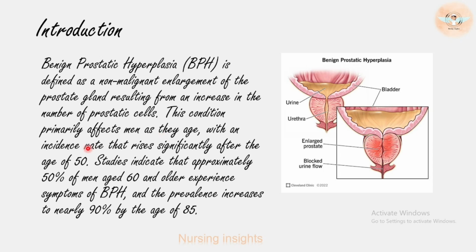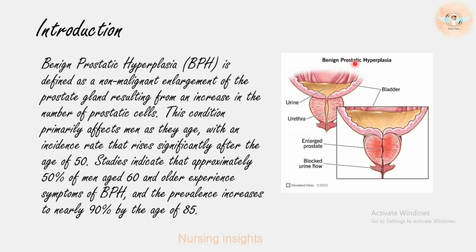This condition primarily affects men as they age, with an incidence rate that rises significantly after the age of 50. Studies indicate that approximately 50% of men aged 60 and older experience symptoms of BPH, and the prevalence increases to nearly 90% by the age of 85.